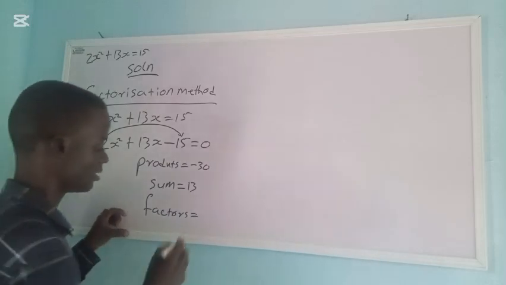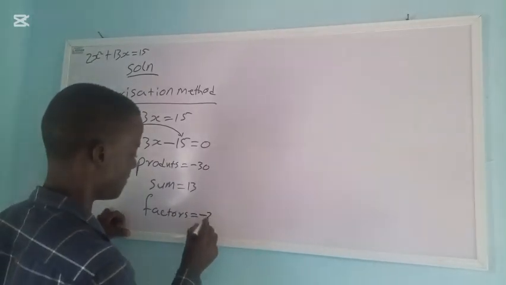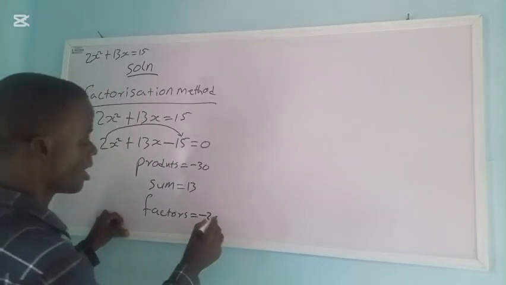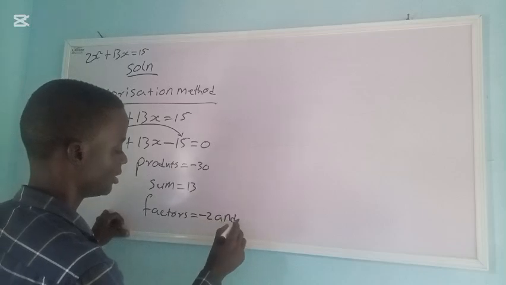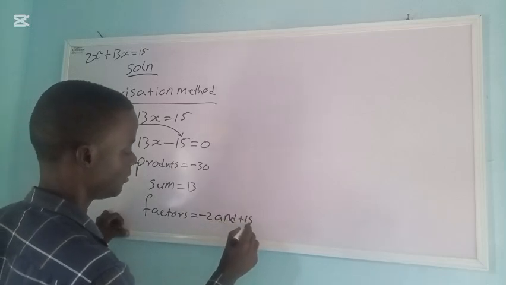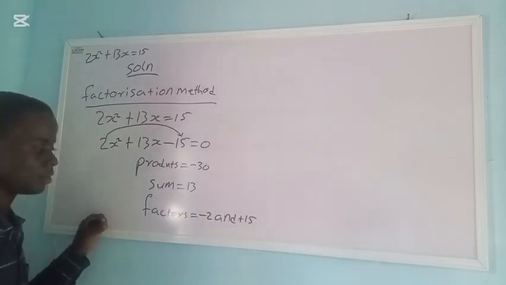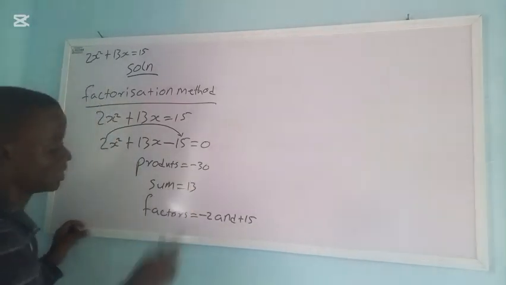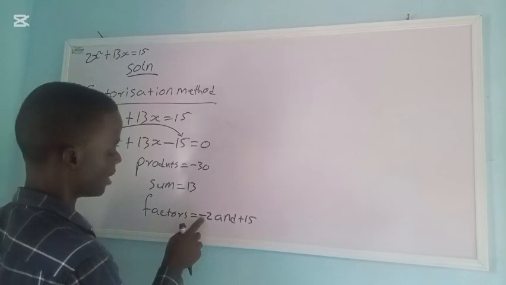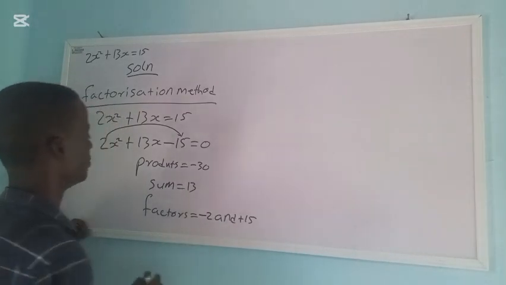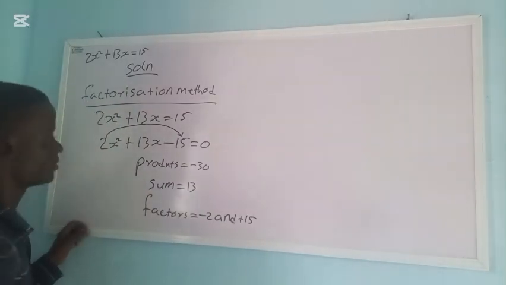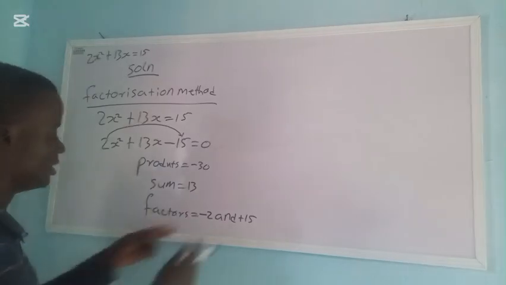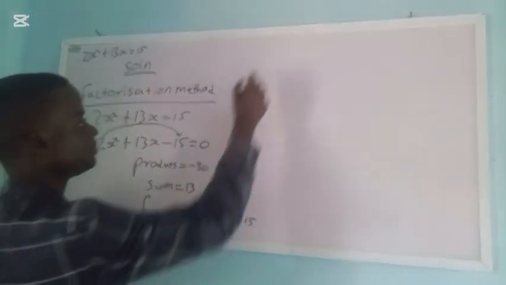We have minus 2 and plus 15, because minus 2 times 15 gives us minus 30, and minus 2 plus 15 gives us 13. So now we can use these two.